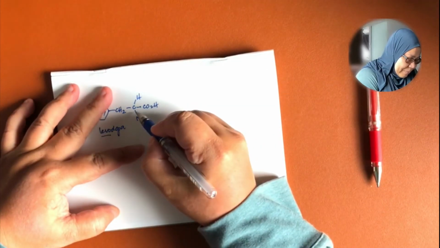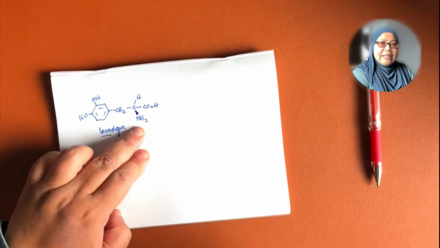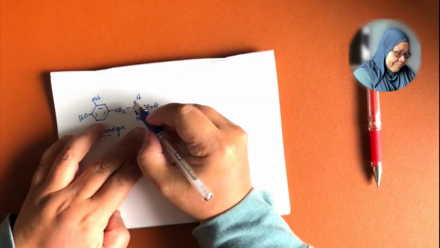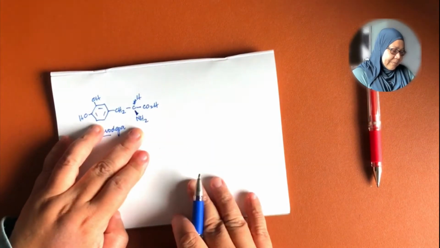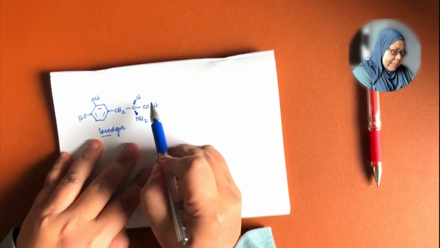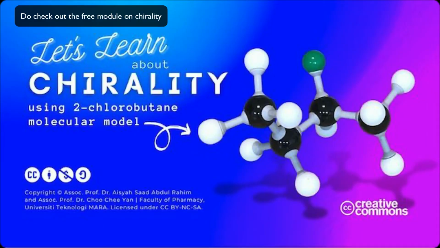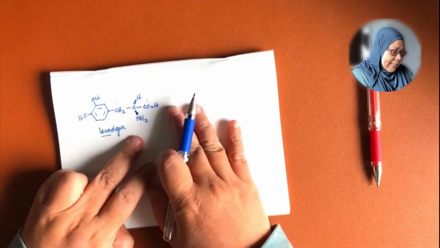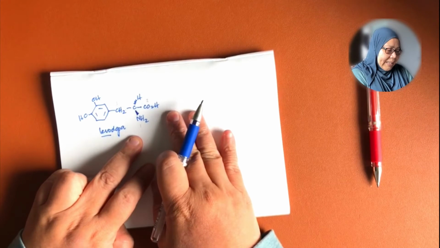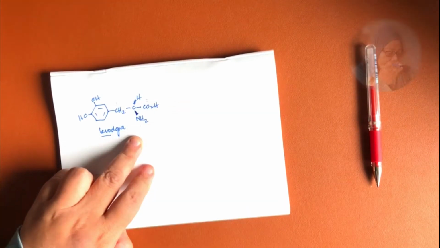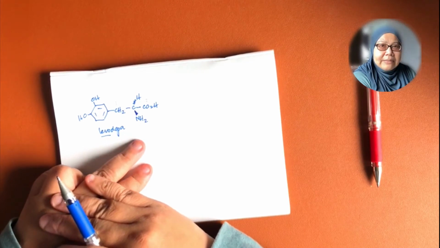The L form will be, you have this in front coming out of the paper, and that hydrogen at the back there. All right, so this will be in the planar form, and you can synthesize this chiral molecule starting from tyrosine.